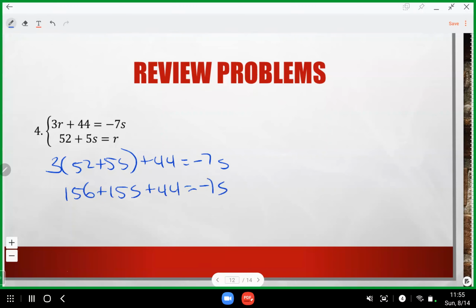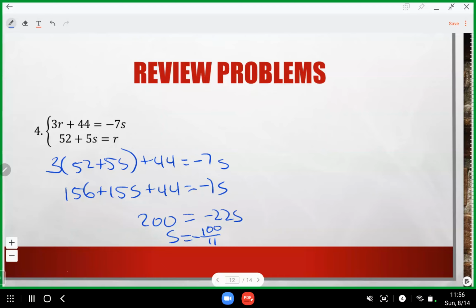What is this? This is 200. Very nice. It's negative 22s. S is going to be equal to 200 over 22, which is a very ugly number. It's just 100 over 11. I think it is negative 100 over 11.